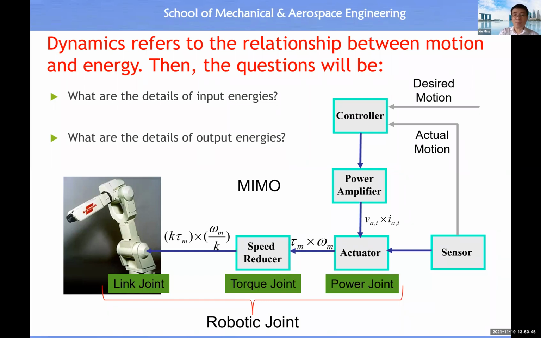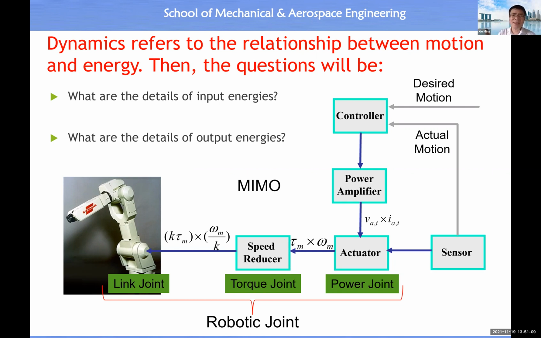For example, in this diagram, we know that the source of energy comes from power amplifier. Behind the power amplifier, we must have a power supply system. It could be a battery or other power source. Then through this device, the electric energy will flow out.